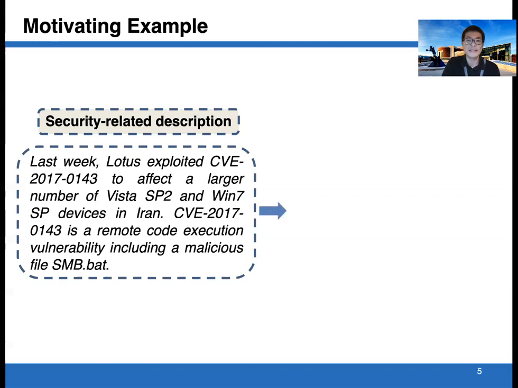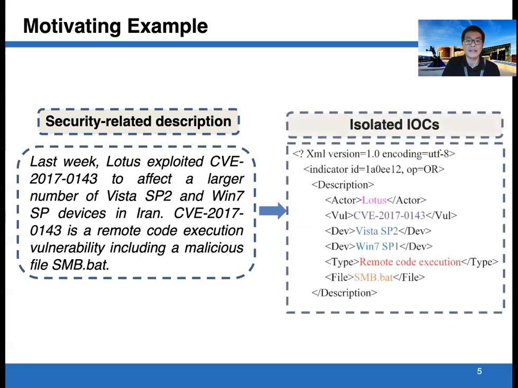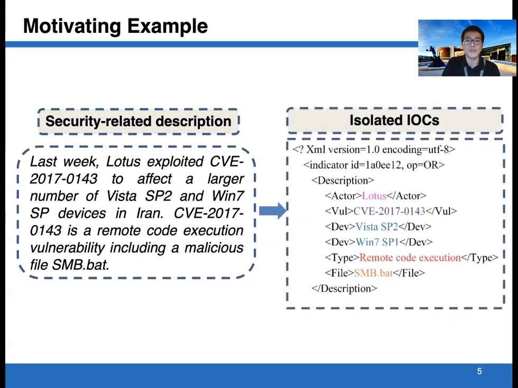Most of the existing CTI frameworks can extract specific IOCs, but they neglect the relationships among them. It is obvious that such IOCs could not draw a comprehensive picture of the threat landscape. Much more valuable information from the security description is missing.